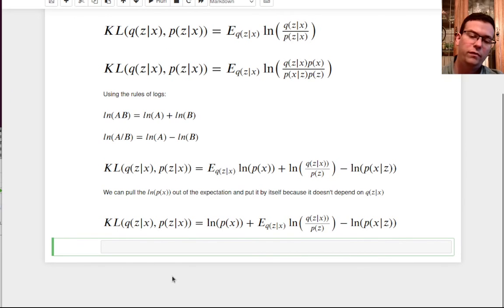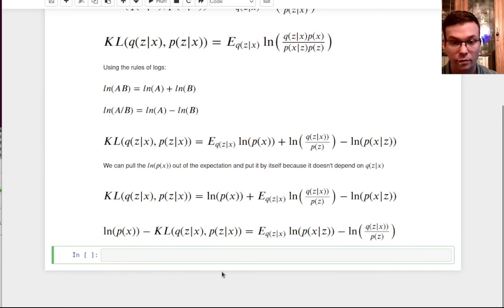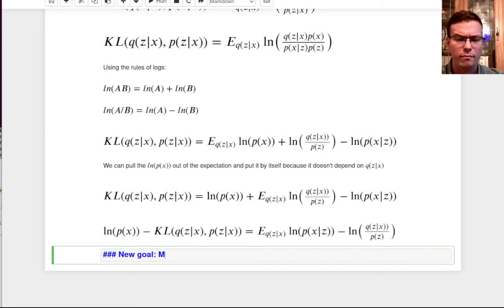All right, so if I move things on either side of the equals sign, I can rewrite the above equation like this. And now I can start to build towards some intuition here by noticing that I kind of have a new goal in mind. I want to maximize the left-hand side here.